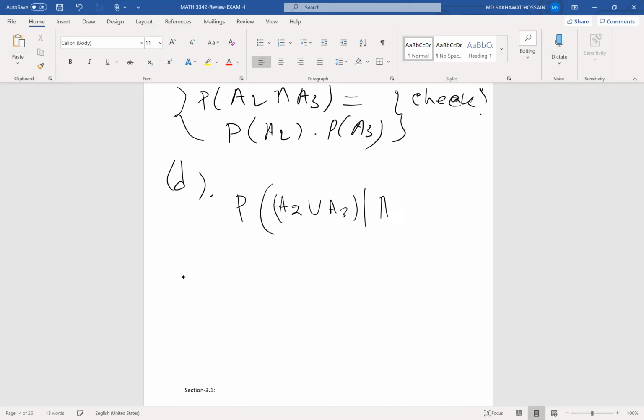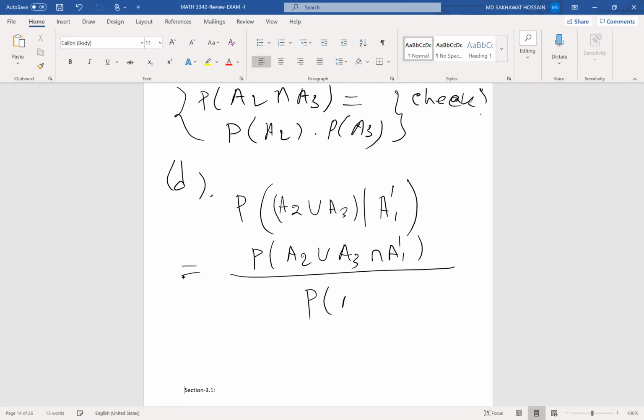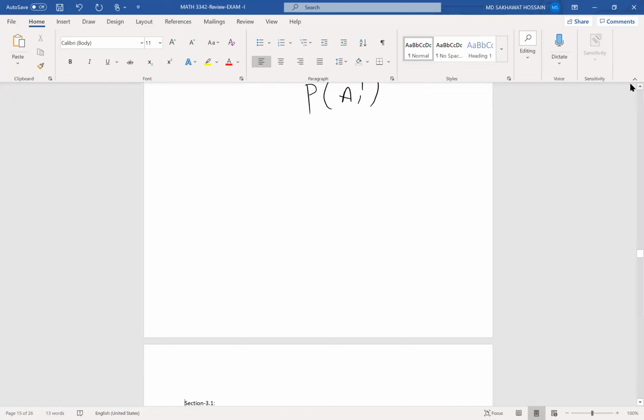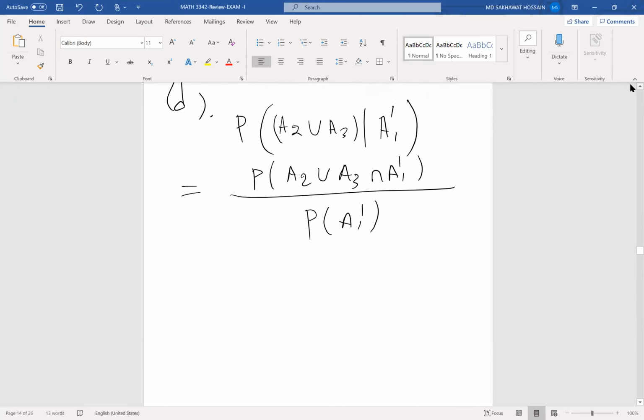So we are given A1 complement. This is actually the probability of A2 union A3 intersection A1 complement divided by the probability of A1 complement. It is better to construct the Venn diagram for this type of problem instead of using the formula, because the formula is a little complicated, but the Venn diagram will be easier.